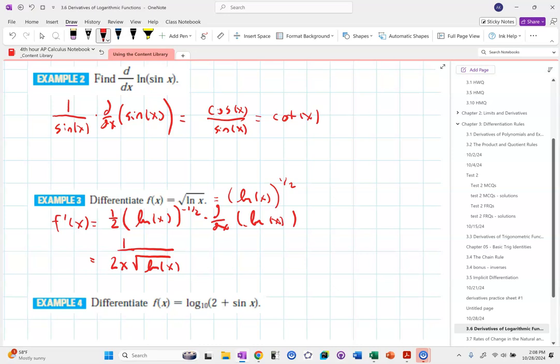Does everybody see how I got to that final answer? Derivative of the natural log is 1 over x. I put the 1 over x and 1/2 together as 1 over 2x. And then I rewrote the negative exponent as a reciprocal and a radical. So the negative exponent makes it 1 over, and the 1/2 makes the square root. You guys see that? It's okay?